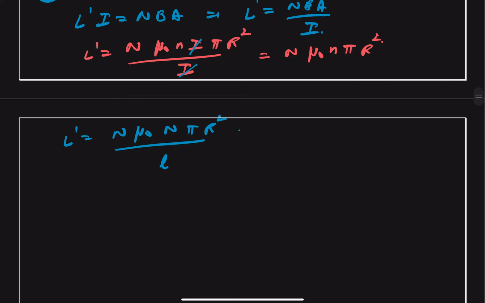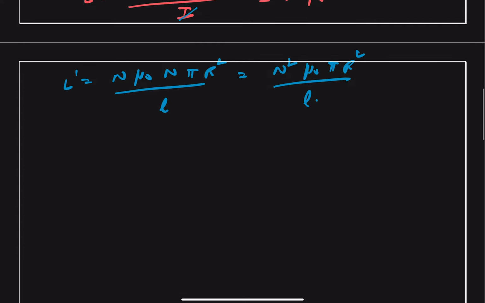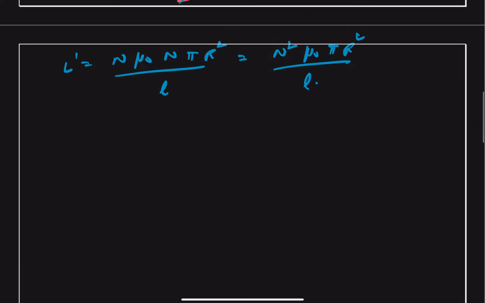So this can be written as N square mu naught pi r square divided by l. Therefore we can say that our inductance L prime is inversely proportional to length l.